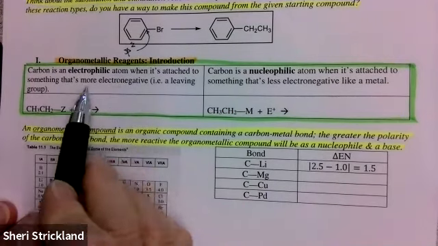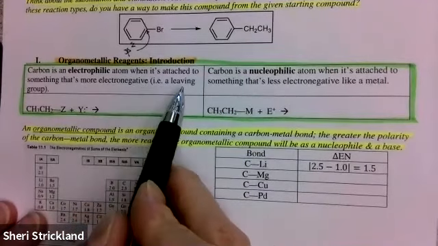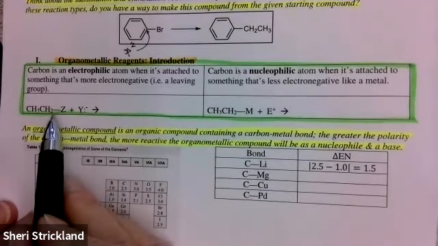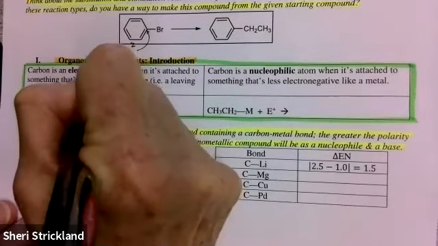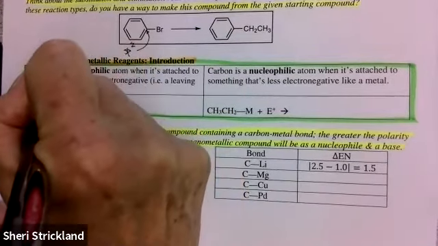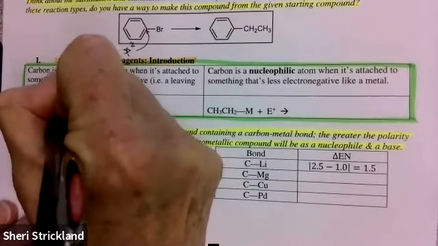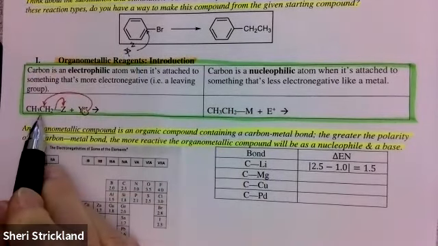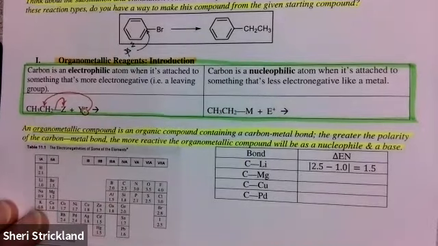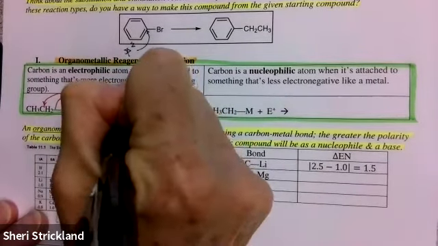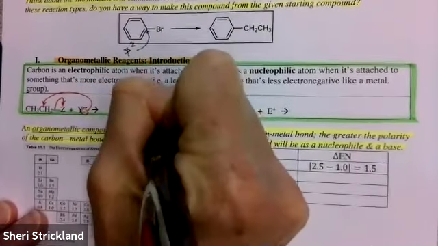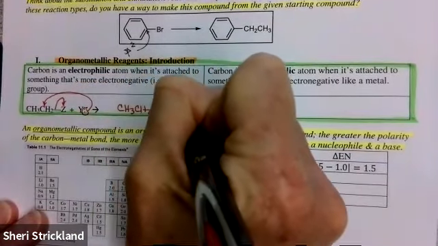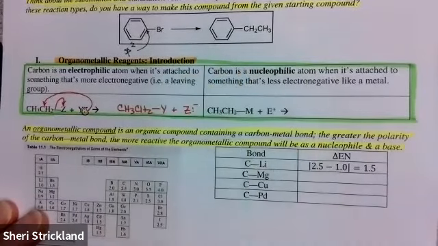So when it's attached to something that's more electronegative, a leaving group like a halogen ion or something with an oxygen in it, then you know that you can have a nucleophile come in and do this because the carbon is electrophilic. It's got a partial positive charge on it, and that gives you a substitution product. Like that.